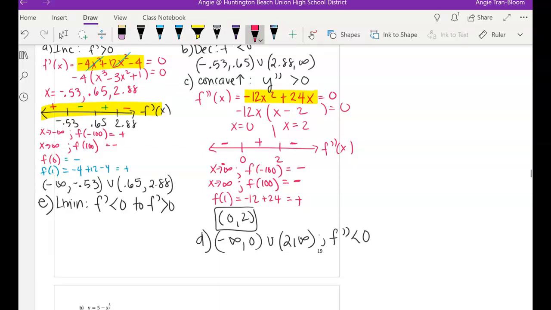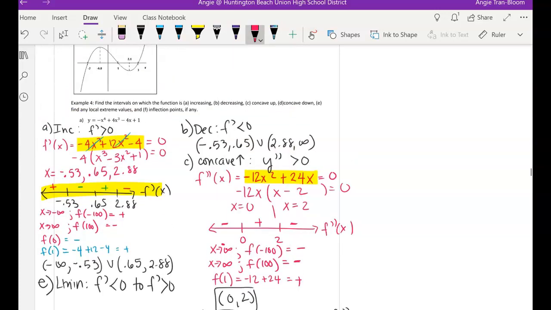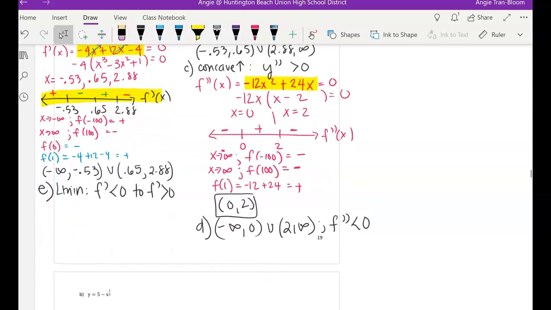Okay, so local min, I need to plug in 0.65 into the original function. Let me see, does it say values? Yeah, so that means I need to plug it in. Local min is at x equals 0.65. Then I need to plug in f of 0.65, let me use my calculator, so hold on tight.